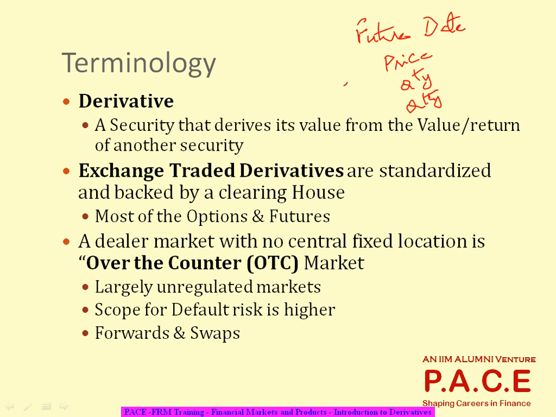Right, the actual deal will happen sometime in future, but we are getting into a contract agreement that this transaction will happen at a future date. We get into a contract or agreement today itself.